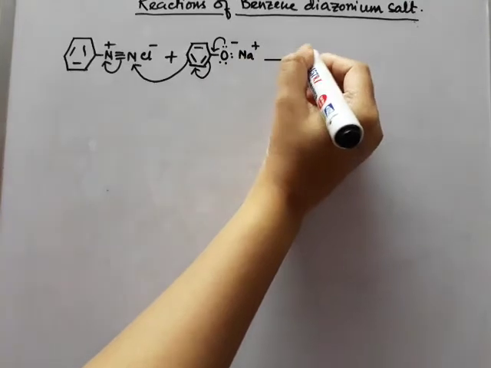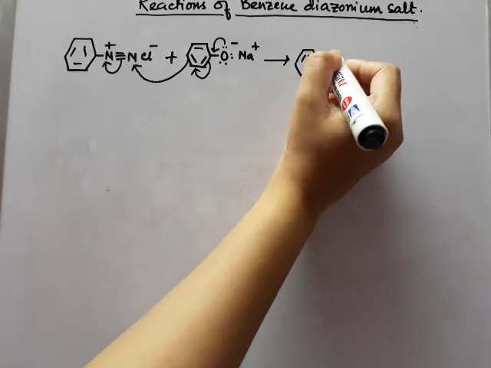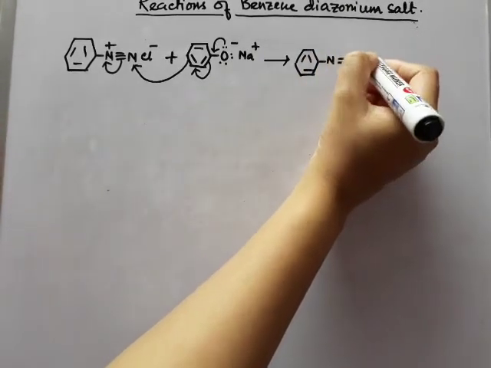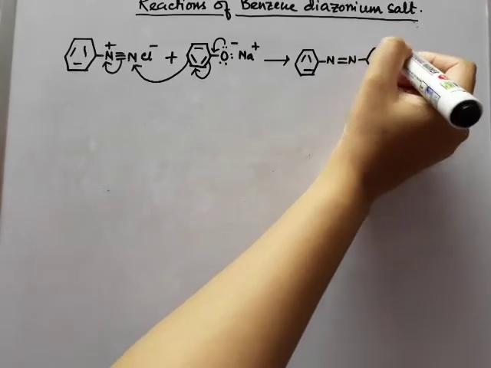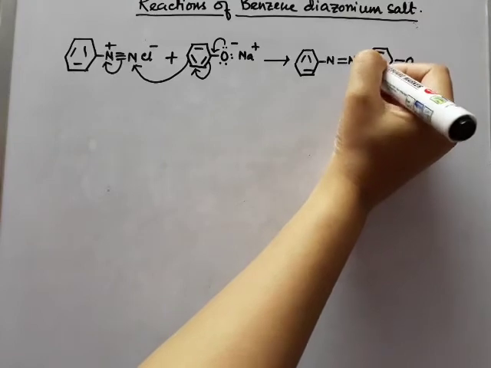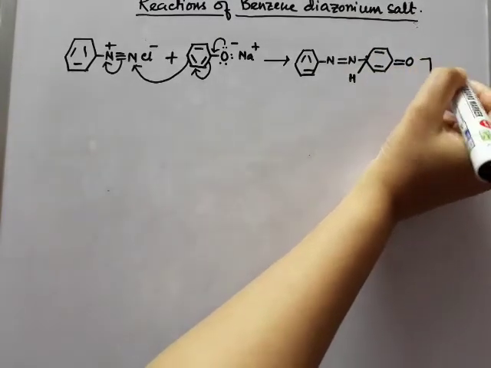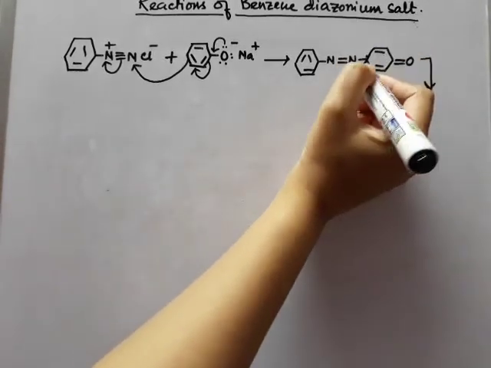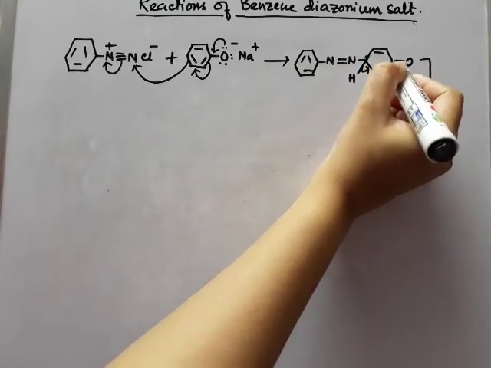And next what we are getting here, the aromatic ring is like this, N double bond N, and here we are having a structure like this. So now what will happen, aromaticity will be regained.